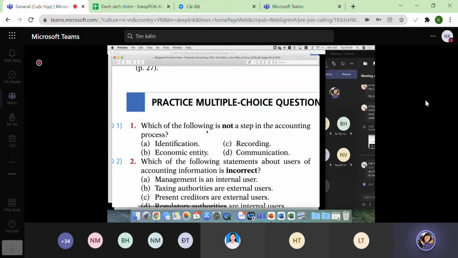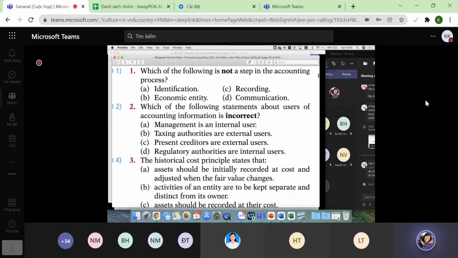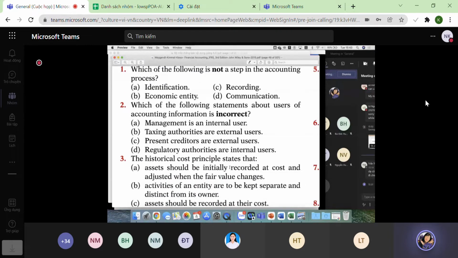Question number 1. Which of the following is not a step in the accounting process? B. Which one? Economic entity. Right, economic entity. So now you can remember the three activities of the accounting system already. Get that? This one. Which of the following statements about users of accounting information is incorrect?